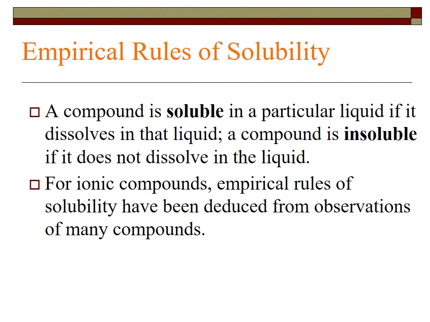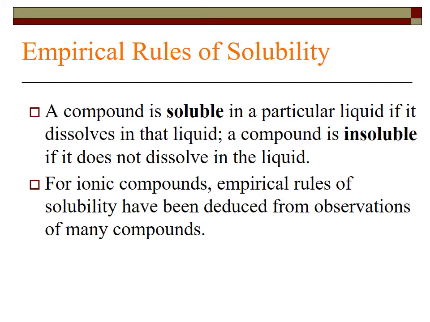So let's talk about the empirical rules of solubility. A compound is soluble in a particular liquid if it dissolves into that liquid. A compound is insoluble if it does not dissolve in that liquid. For ionic compounds, empirical rules of solubility have been deduced from observations of many compounds.